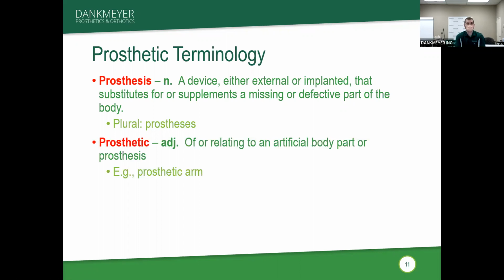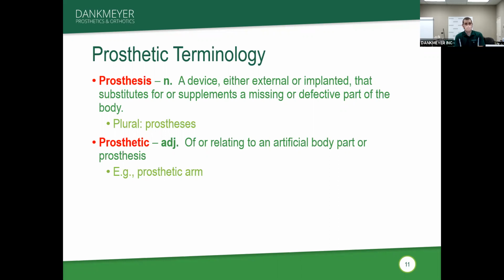A common mistake that people will make is calling the prosthesis a prosthetic. That is incorrect. A prosthetic is an adjective. You could say a prosthetic device, a prosthetic knee, a prosthetic foot, or prosthetic limb, but not a prosthetic. You need a noun to go with that.